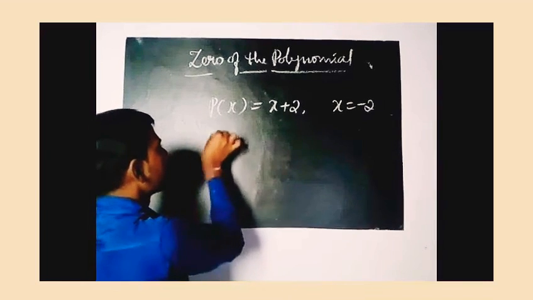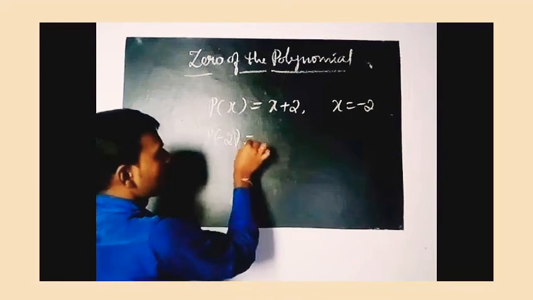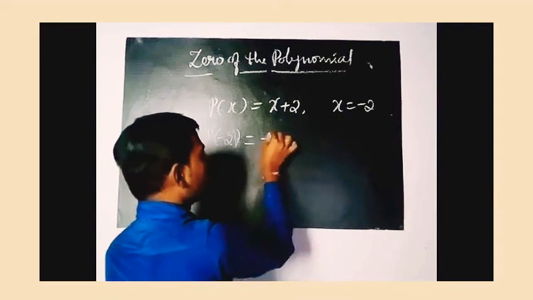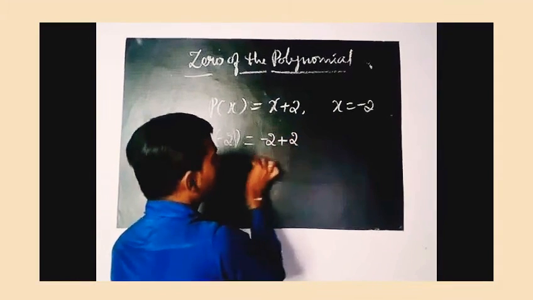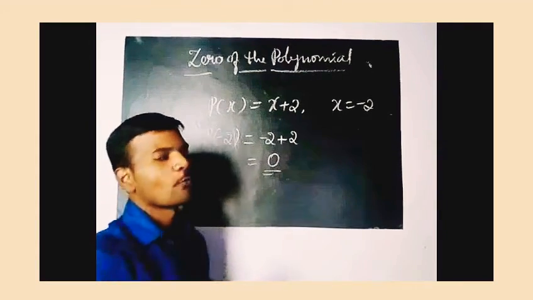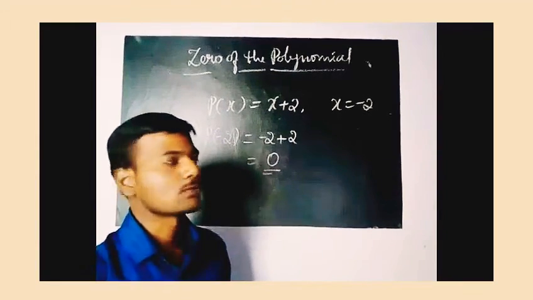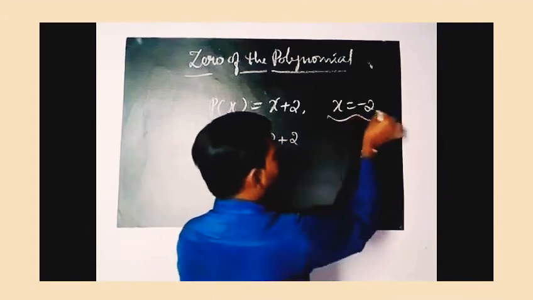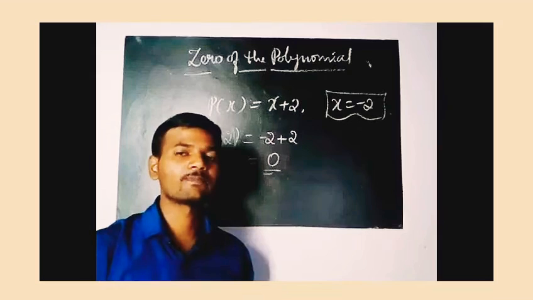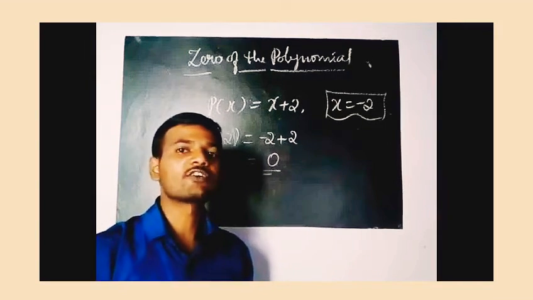P of minus 2 is equal to, in the place of x we have to give the value minus 2. Minus 2 plus 2 becomes 0. Then the polynomial becomes 0 when x is equal to minus 2. So x is equal to minus 2 is the zero of the polynomial.